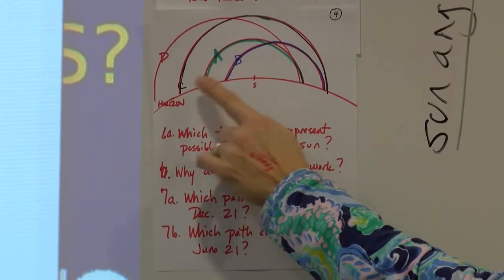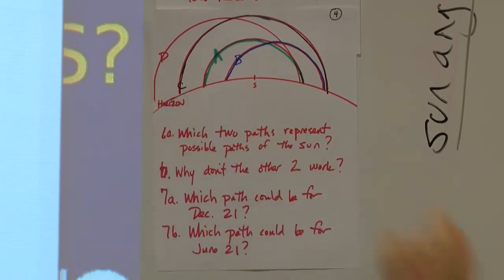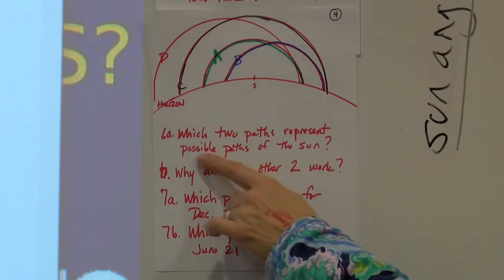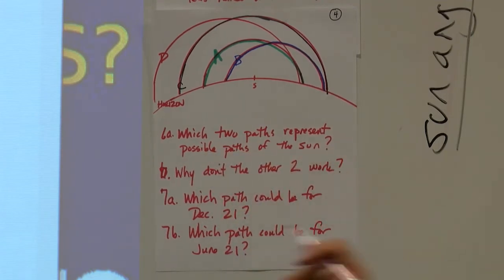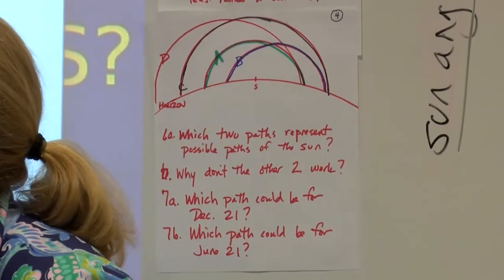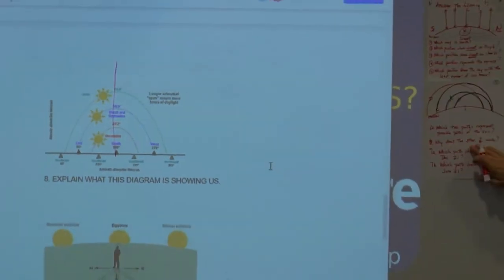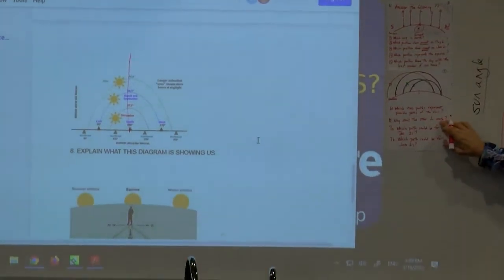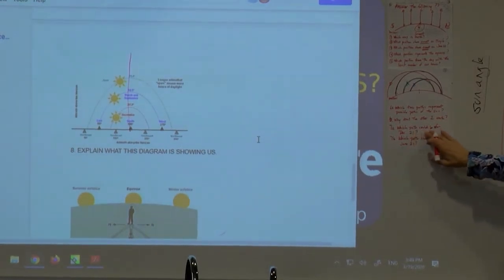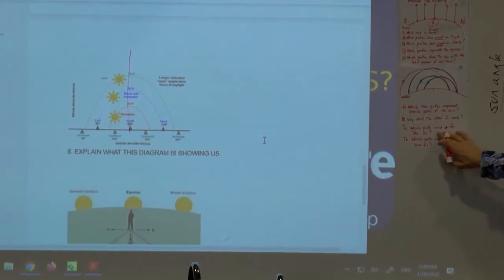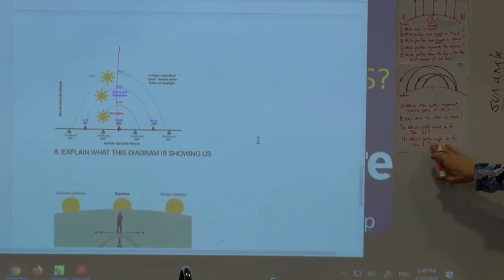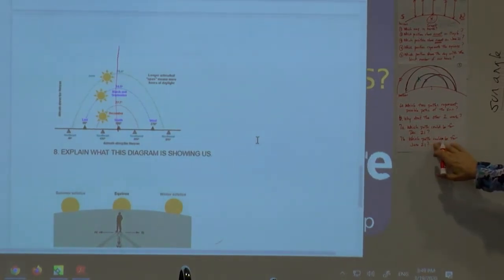A, B, C, or D, okay? Which two paths are possible paths of the sun? This one is showing you the paths of the sun, okay? Why don't the other two work? You need to answer that. Which path could be for December 21, and which path could be for June 21?